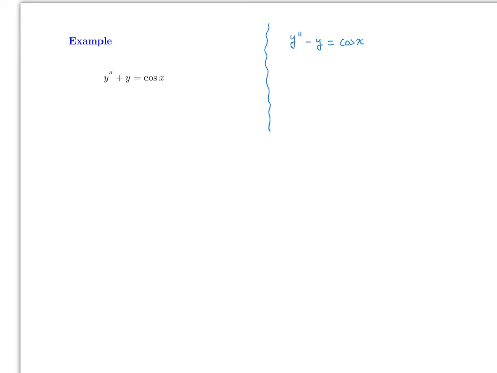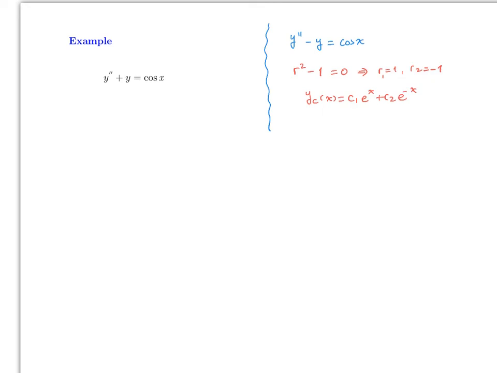If this was the case, then the characteristic equation will be r squared minus 1 equals 0, which implies that r1 equals 1 and r2 equals -1, right? So then the homogeneous solution will be c1 e to the x plus c2 e to the minus x, okay?